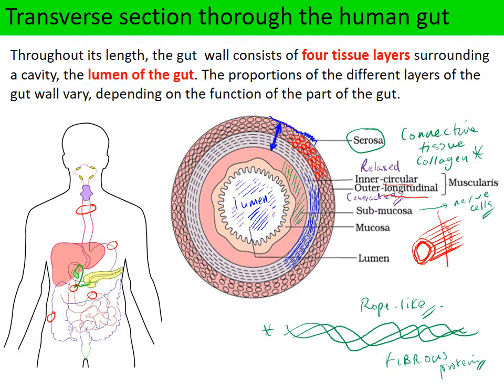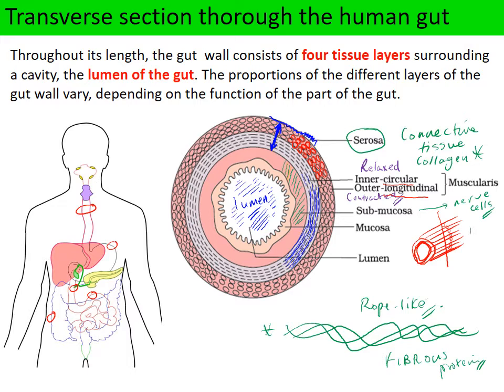Now, these nerve cells help to innervate the muscularis on the outside of it, and you need nerve impulses to stimulate contraction of the muscularis. So this is part of the autonomic nervous system, those involuntary nervous signals that allow for example here, the smooth muscle to contract or relax.